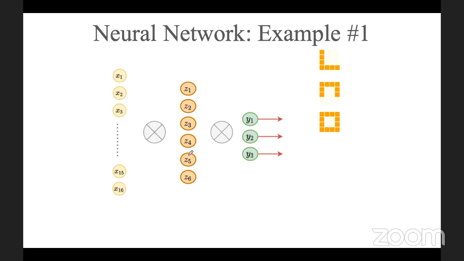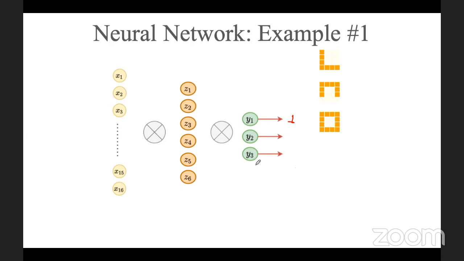There are 6 neurons in this layer and 3 in this one. Somehow what we want is that these neurons should help us recognize which of these shapes it is. Ultimately we want this to be 1 if it is an L shape, this should be 1 if it is a cap, and this should be 1 if it's a square.